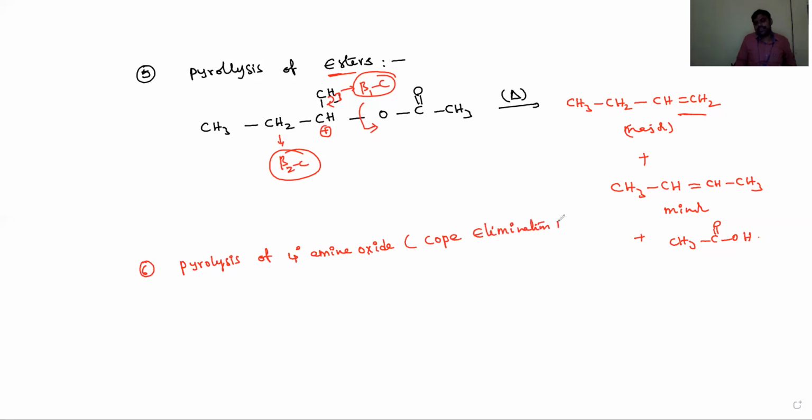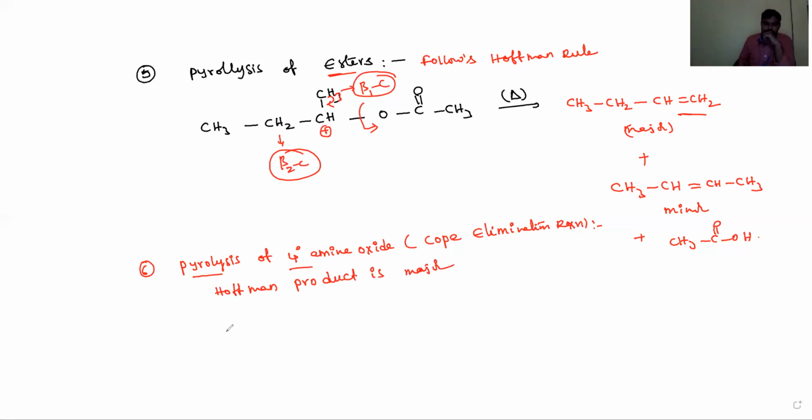Dear students, let's see what the Cope elimination reaction is. In this also, the less substituted alkenes are the major products, meaning it follows the Hoffman rule. Here also the Hoffman product is the major product.